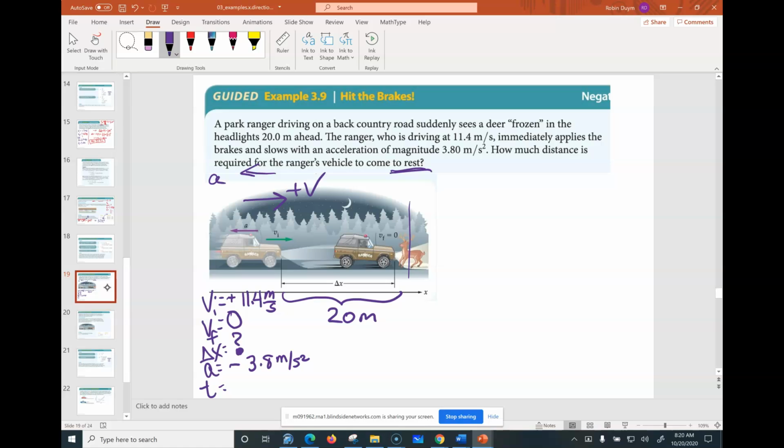Look at maybe this guy. Will that work? Do we have enough info to solve for displacement of the car to find out if Bambi lives?